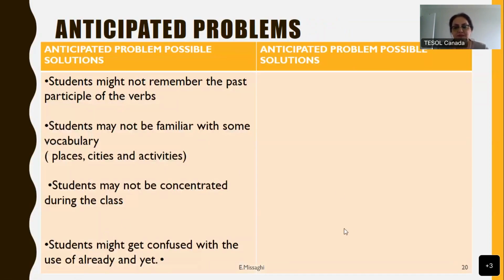I said anticipated problems. Here are some problems, for example, that happen in the class. What's your solution? I give you 1 minute, read about the possible problems, then tell me a possible solution.